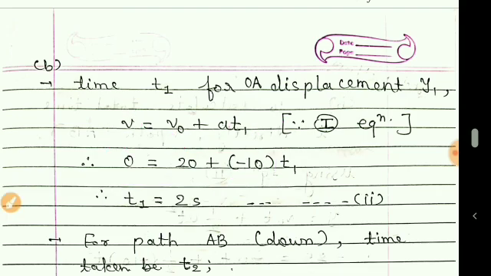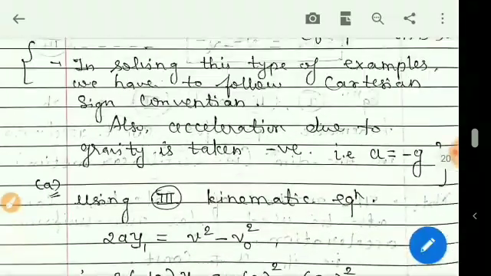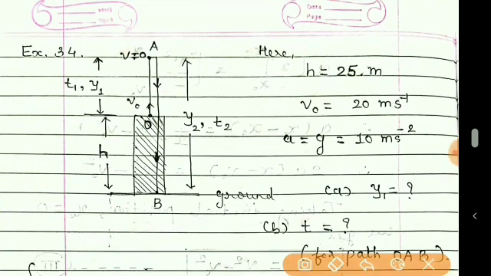Now for downward motion, for path AB, let me show you from the figure. Students, you can see this is point A, and in the downward motion it reaches the ground, that is point B, and we want to find time t2 for this path.